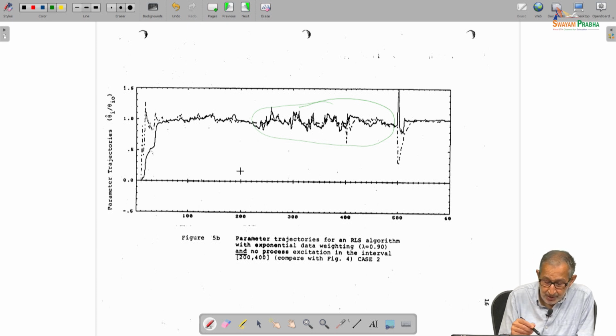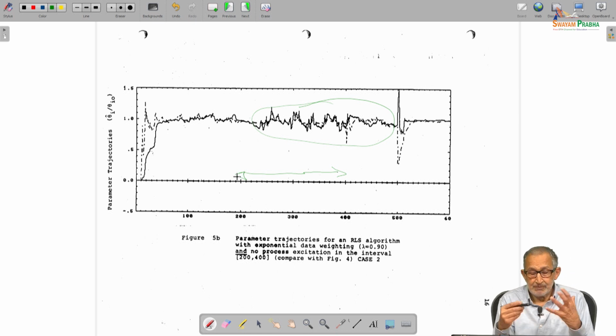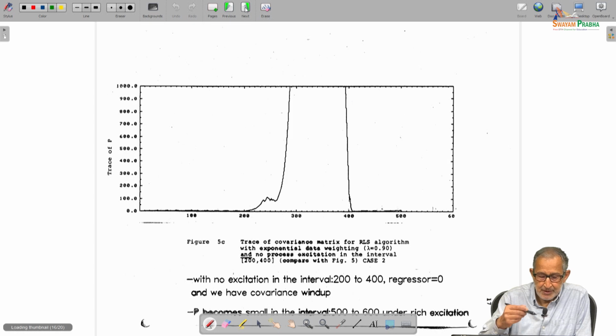So suddenly in this interval 200 to 400 we have no excitation, and the covariance matrix becomes large, as we shall see in the next slide, and this leads to large parameter variance or blow up here.